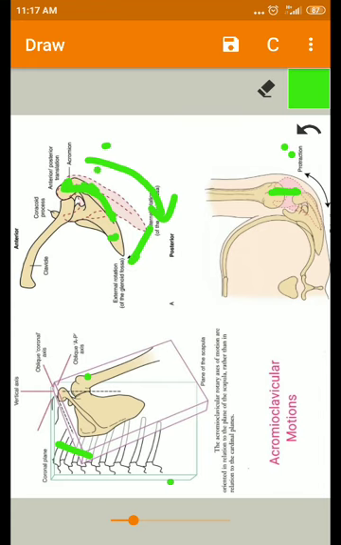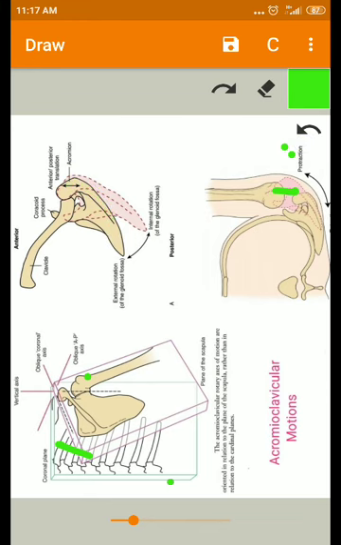So the glenoid fossa is facing posterolaterally. In the plane of the scapula, it is facing more laterally. This is happening during this internal and external rotation of the scapula.